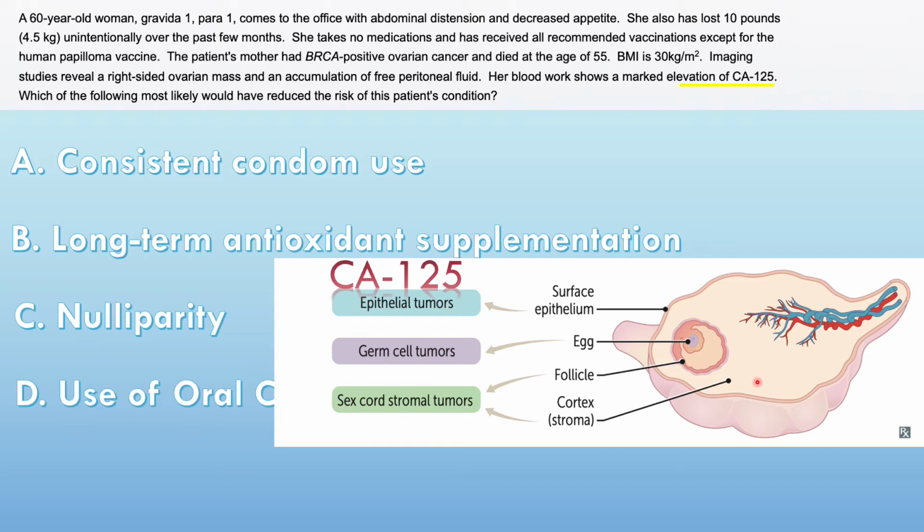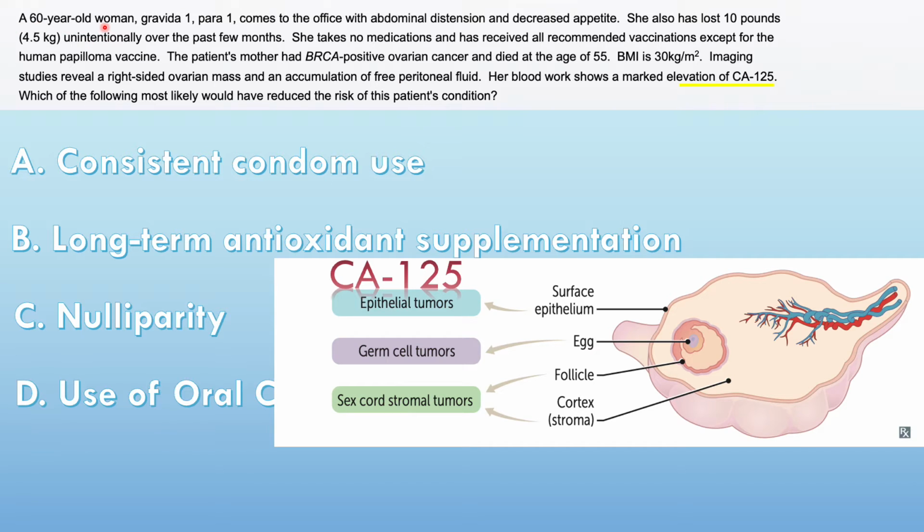I'm gonna dive into this later, but I just want you to understand that CA-125 is associated with epithelial ovarian tumors. Okay, so let's read the vignette together.